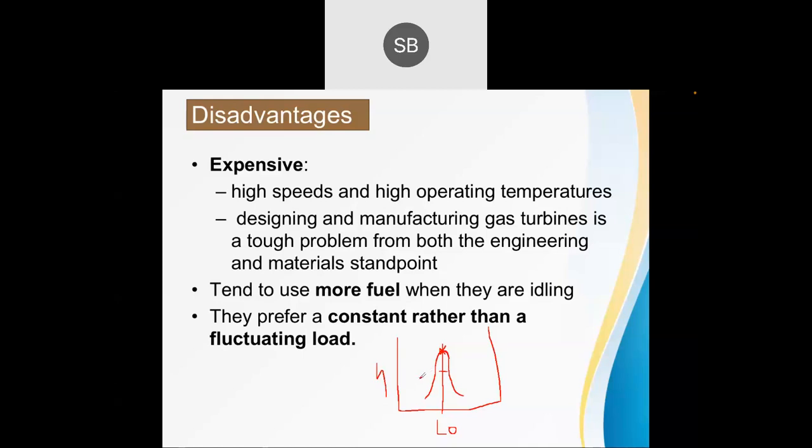So at the design load, it will definitely give the maximum efficiency. But whenever the load varies, that efficiency does not vary that much. Because of this, whenever there is any fluctuating load, the IC engine gives a proper efficiency, and that's why we are using the IC engine in vehicles rather than the gas turbine.